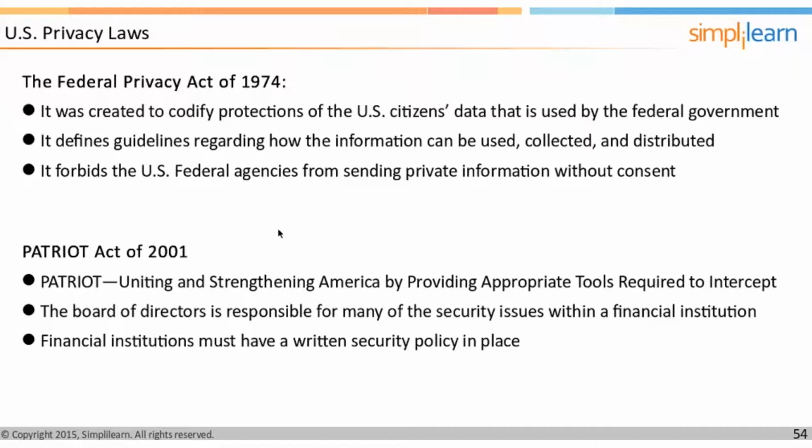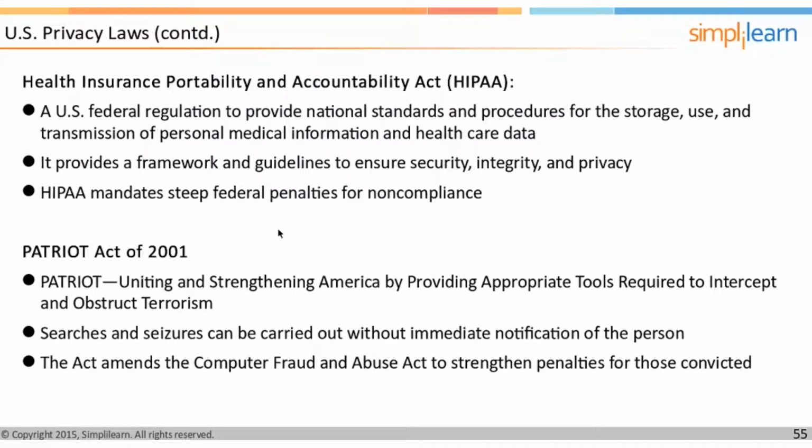The Health Insurance Portability and Accountability Act, HIPAA. As I mentioned earlier on, this relates to the healthcare industry, and they are required to protect the PHI, protected health information. PHI includes about 18 elements like your name, address, date of birth, social security number, phone number, email, etc. All of this information which can identify you needs to be protected.